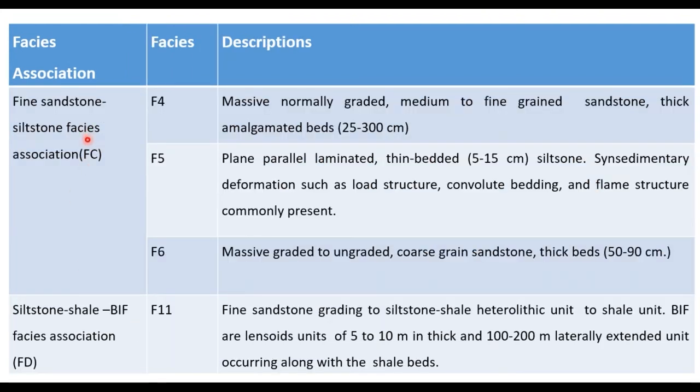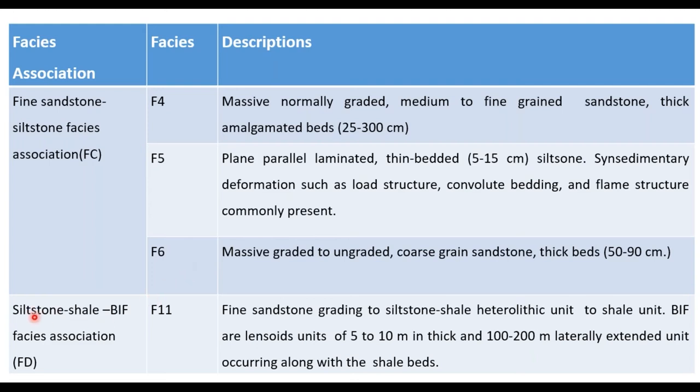FC is the third facies association, consisting of three facies, F4, F5, and F6. F4 is the massive normally graded bedding, F5 is the planar laminated fine siltstone bed, and F6 is the massive coarse grain graded to ungraded bedding.